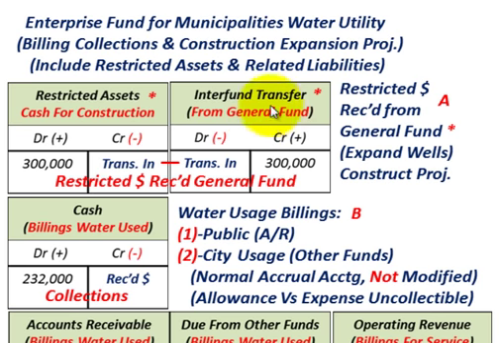So we credit the interfund transfer from the general fund for $300,000. This is where we first use restricted dollars received from another fund: we transferred monies from the general fund for this expansion project, and it came into our enterprise fund.